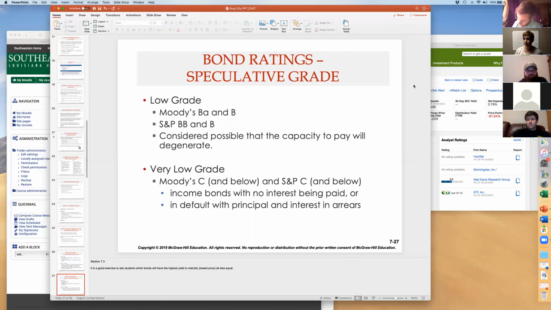Now the next page has all of what we call speculative bonds. You might have also heard them called junk. Junk bonds just mean that they're lower grade, and they start with double B, and they go all the way down to a D grade. So low grade is double B at Moody's, or sorry, Ba, the actual notation.